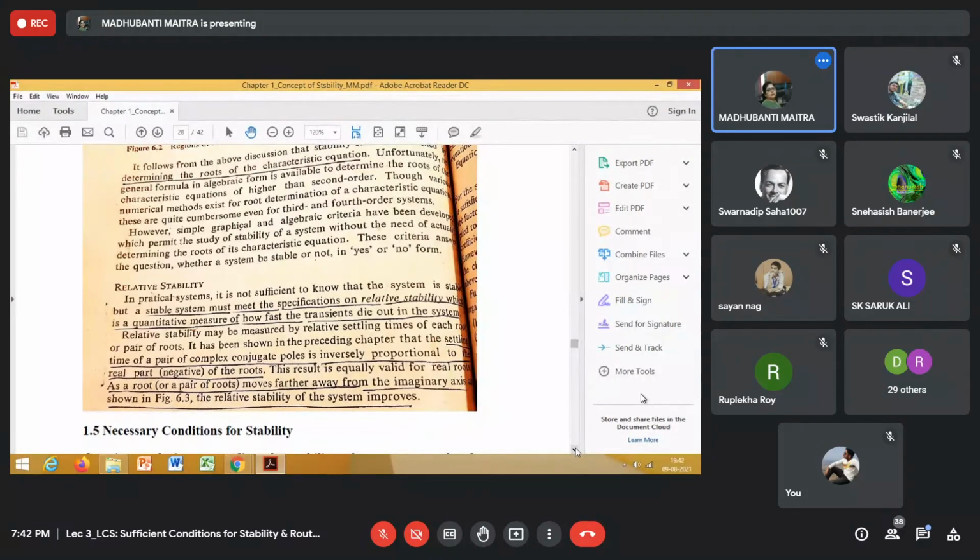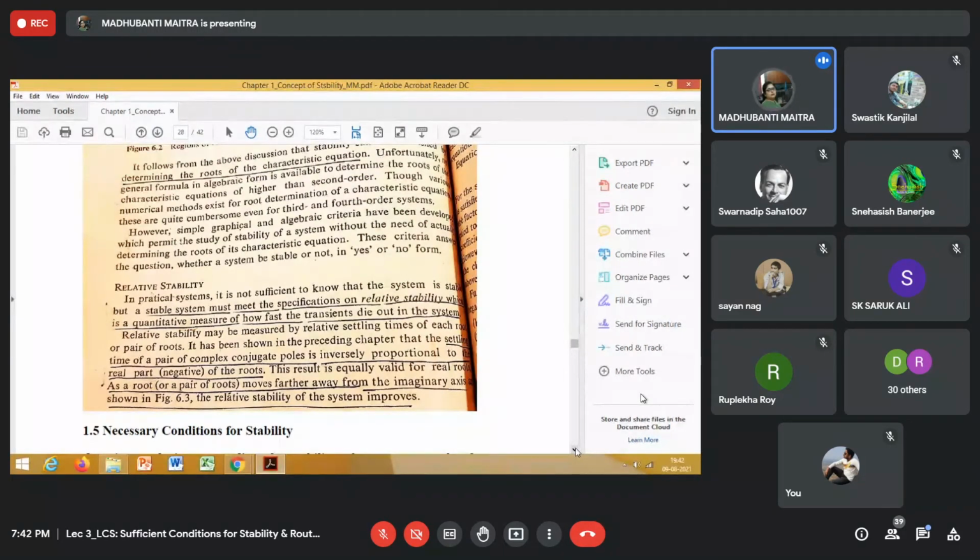So relative stability, we'll discuss while discussing the Nyquist stability criterion in detail. I'm not going into the detail of relative stability now, but this notion helps us quantify the concept of stability.